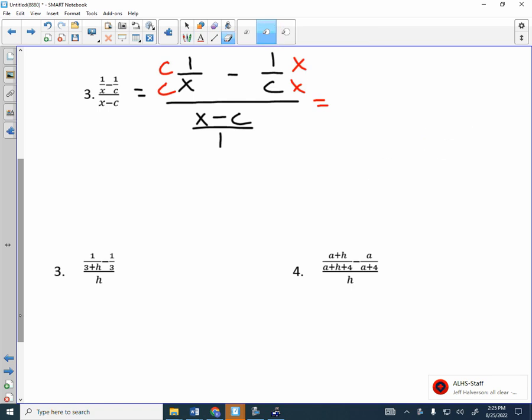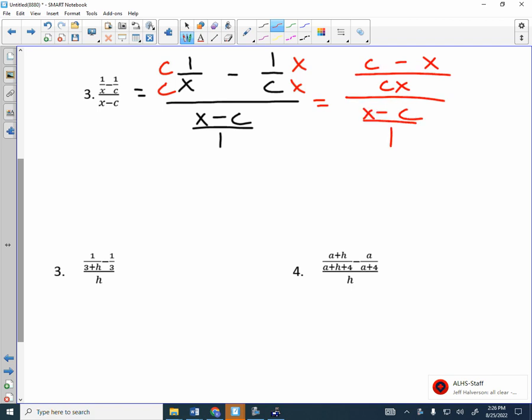What do I have now? c minus x all over xc, or cx, divided by x minus c over 1. I now have one fraction over one fraction.